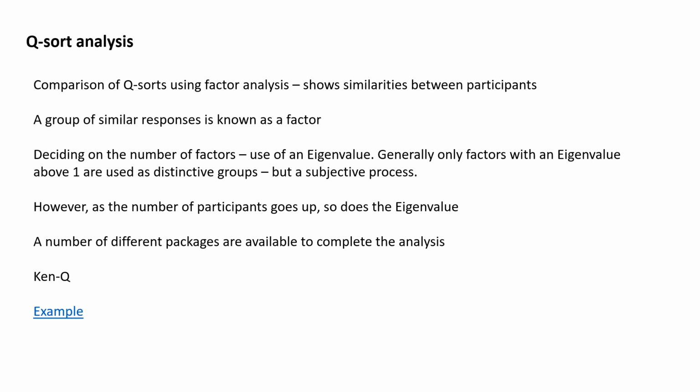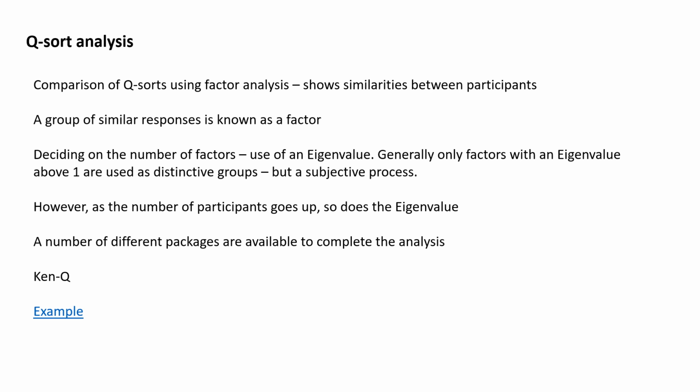But KenQ is an online analysis package, really easy to use, and it means that with, say, the 12 Q sorts that we had in this project, I was able to complete all of the initial analysis in something like three quarters of an hour. So it's really quite quick. Once you've got all of your completed concourses with all of those values for each statement written in for each person, that's what takes the time.